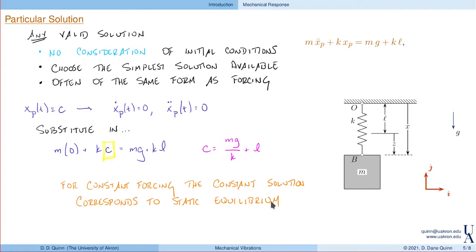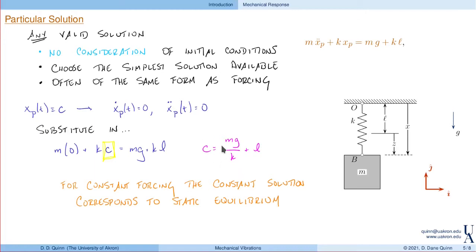So again, these solutions that we find always have physical meaning. They have some sort of physical interpretation as to what's going on. In this case, with constant forcing, the constant particular solution corresponds to the static equilibrium position or state of the system.